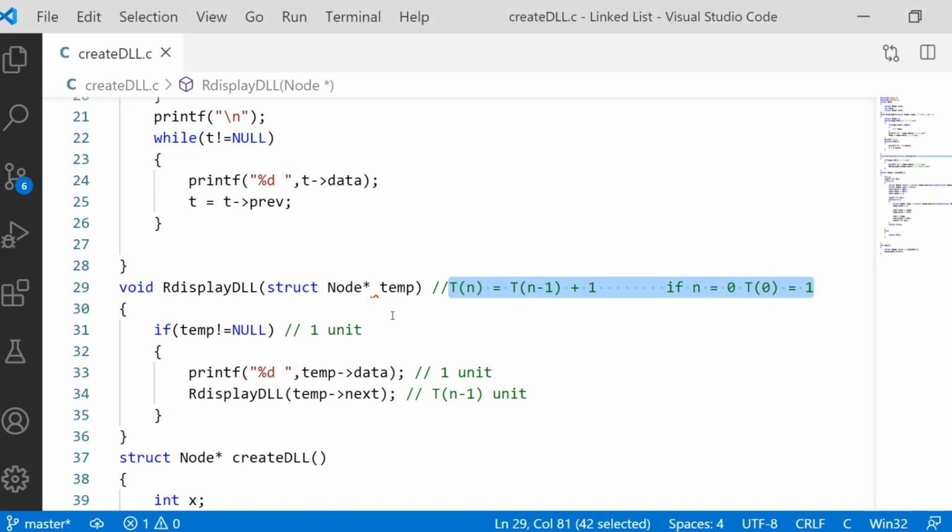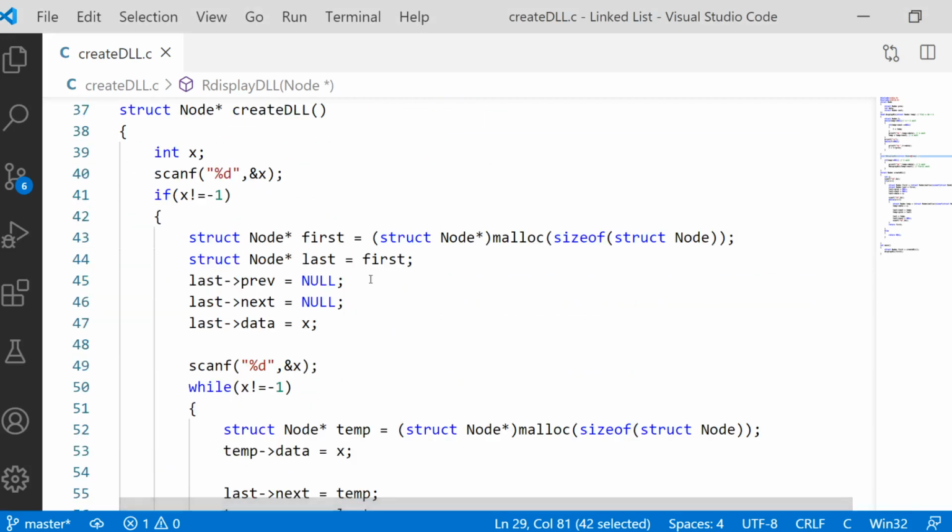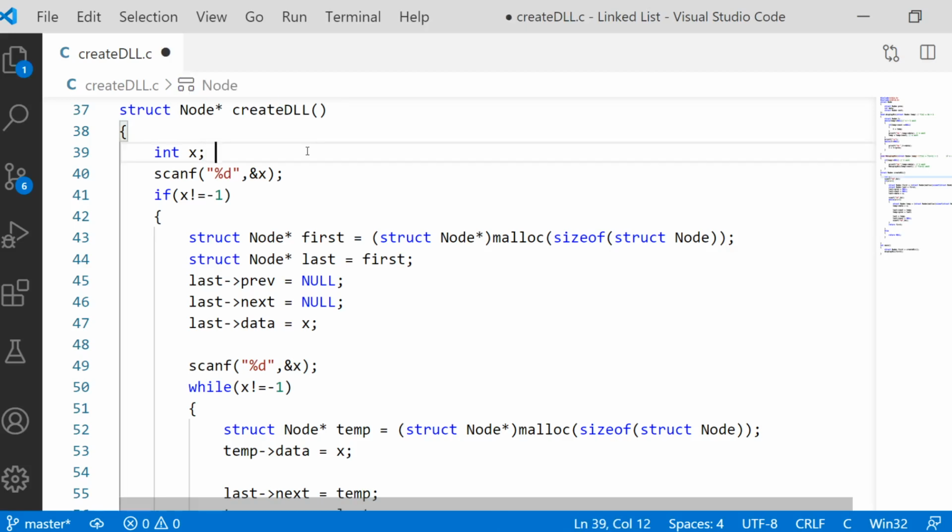we will find the time and space complexity of the create function, create DLL. Coming to this function create DLL, the first line, declaring integer x, will take 1 unit of time. This scanf will take 1 unit of time. Checking this condition will take 1 unit of time.